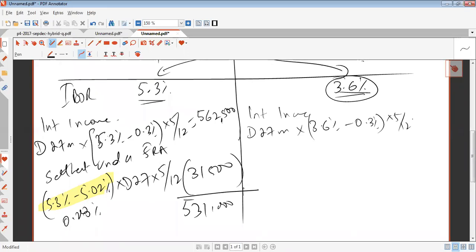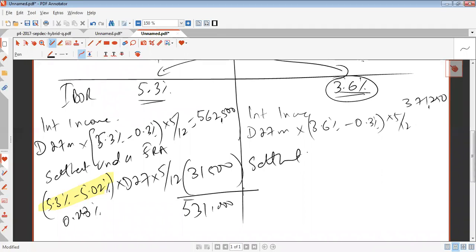So it's actually going to be 3.3% multiplied by 27 million multiplied by 5 divided by 12. So this actually gives you 371,250.